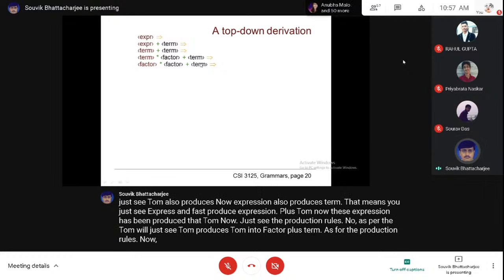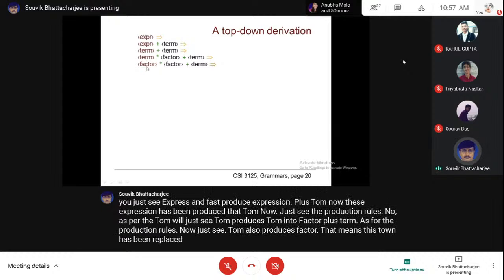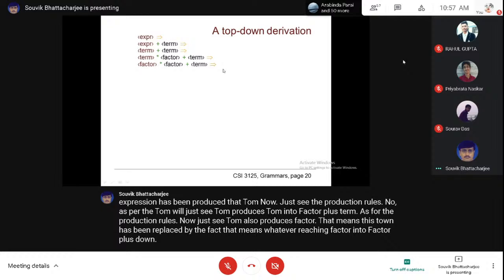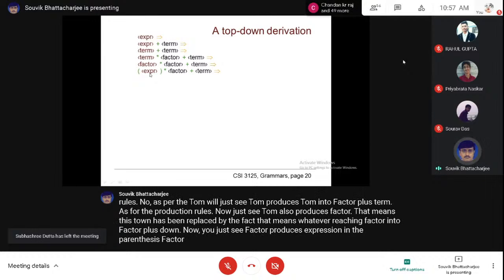Now term also produces factor. That means this term has been replaced by the factor, so we reach factor into factor plus term. Now factor produces expression in parentheses, so factor produces expression in parentheses, into factor plus term.